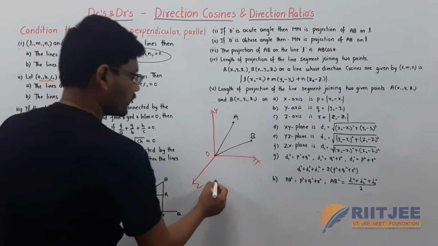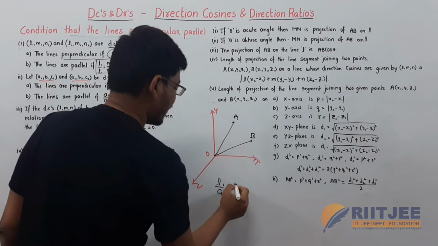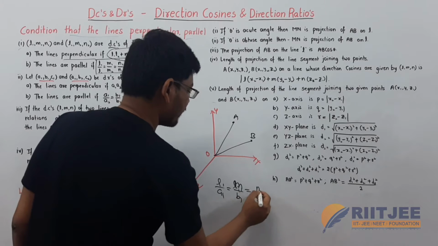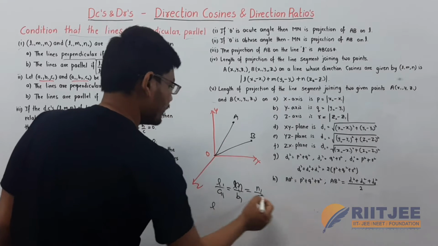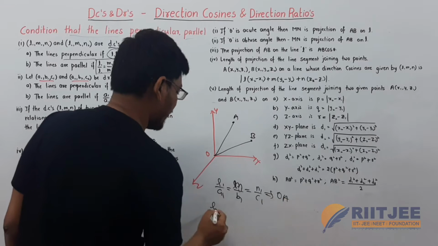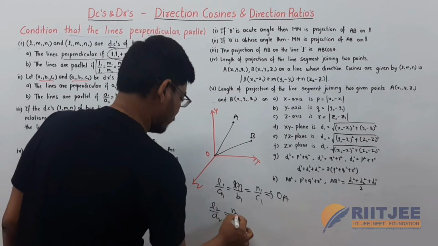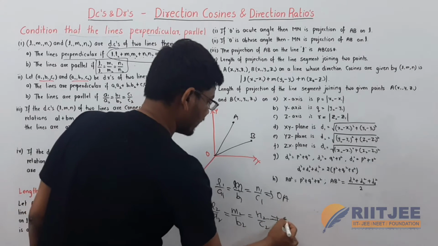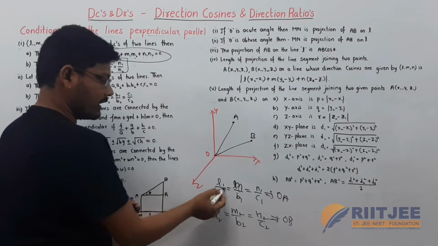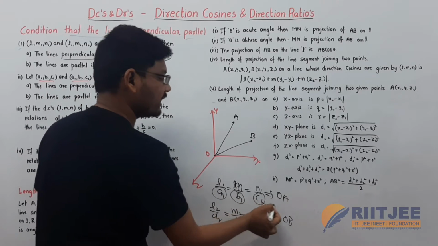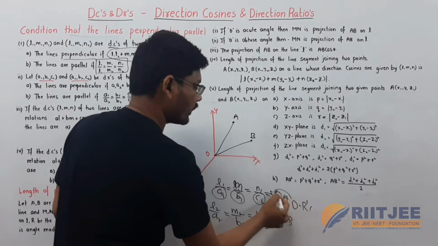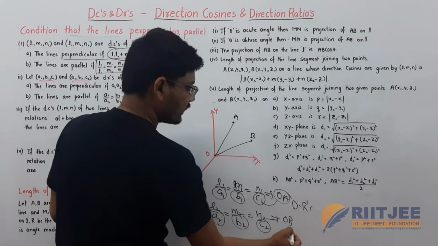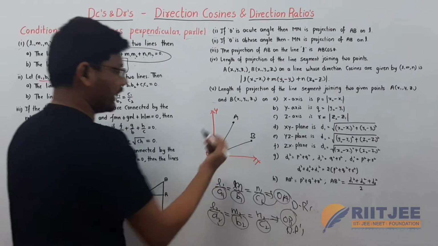For the line OA we have l1 by a1, m1 by b1 and n1 by c1, and for the line OB we have l2 by a2, m2 by b2 and n2 by c2, where a1, b1, c1 are direction ratios of OA and a2, b2, c2 are direction ratios of the line OB.